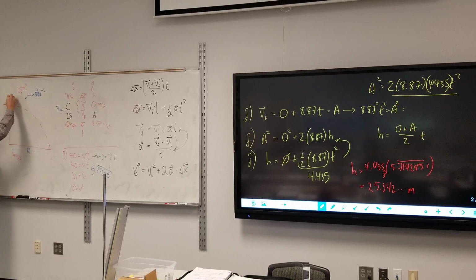This time, it's projected upwards at 30 meters per second and an angle of 37 degrees. The question is, how far from the bottom of the cliff is it going to land?